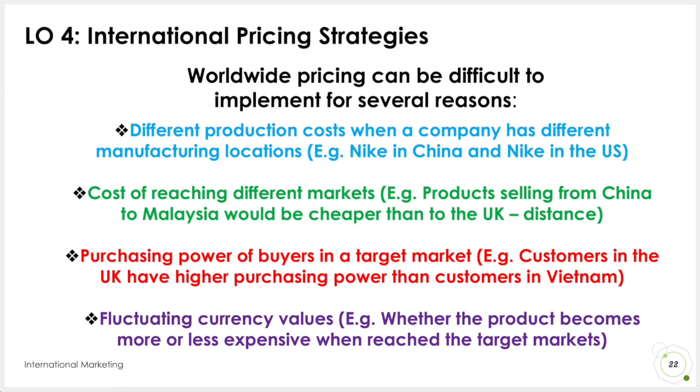Last, fluctuating currency values also must be taken into account. When the value of the currency in a country where production takes place rises against a target market currency, the product will become more expensive in the target market.